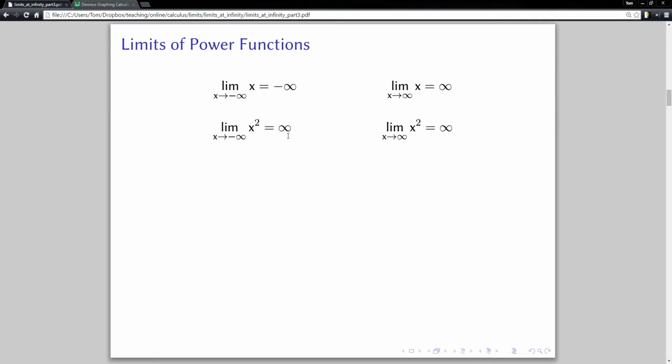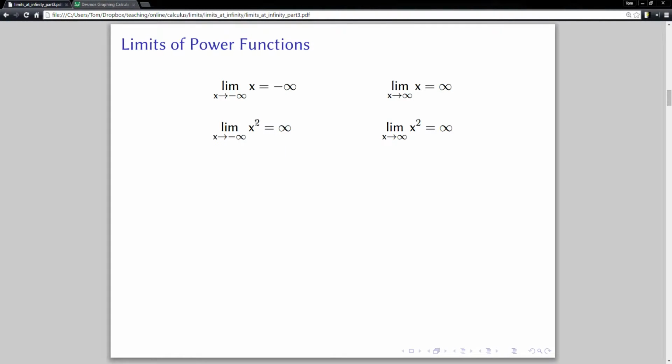So what we'll notice here is that there will be a trend with the odd exponent power functions and the even exponent power functions. Here, the limit as x goes to infinity of x to some odd number power will be infinity. In fact, even number powers also. But the limit as x goes to negative infinity, if I have an odd power right here, then I will wind up with negative infinity.